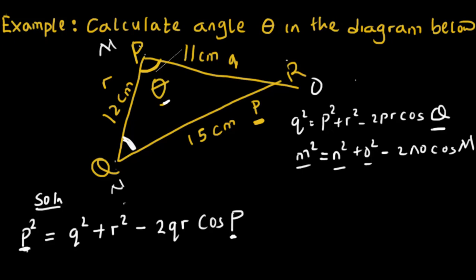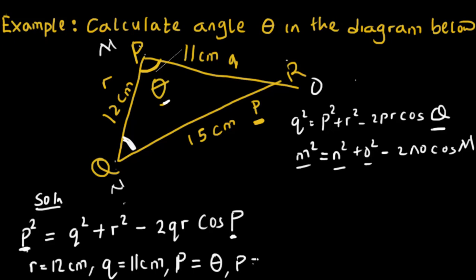Now let's note what we're given in this question. We know that r is 12 centimeters. We know that q is 11 centimeters. Then we know that angle P is theta. What else? We also know that side p is 15 centimeters.